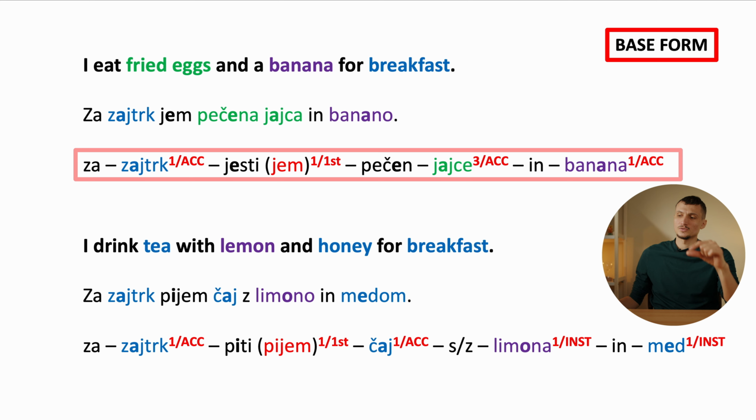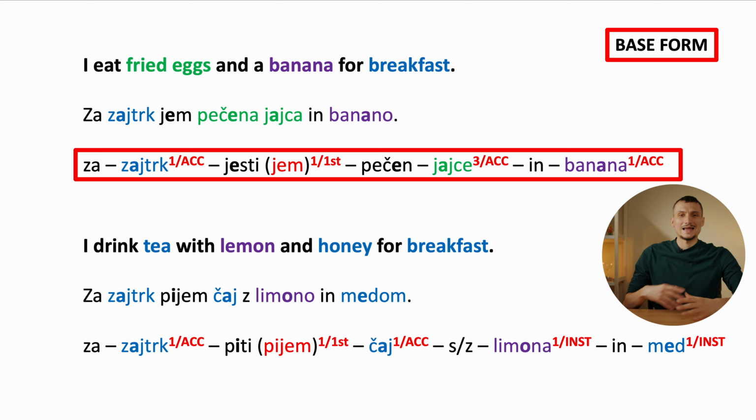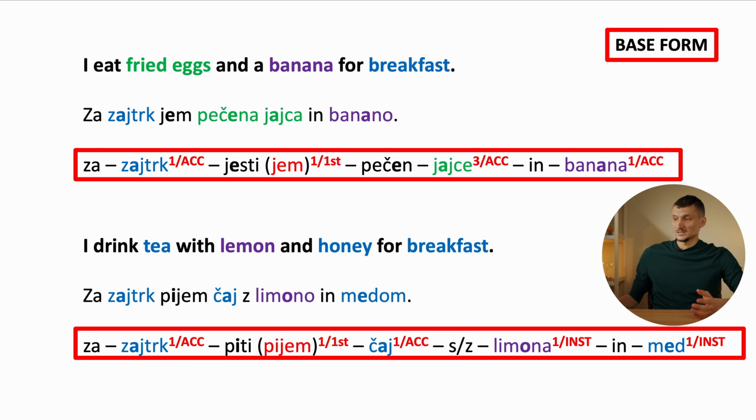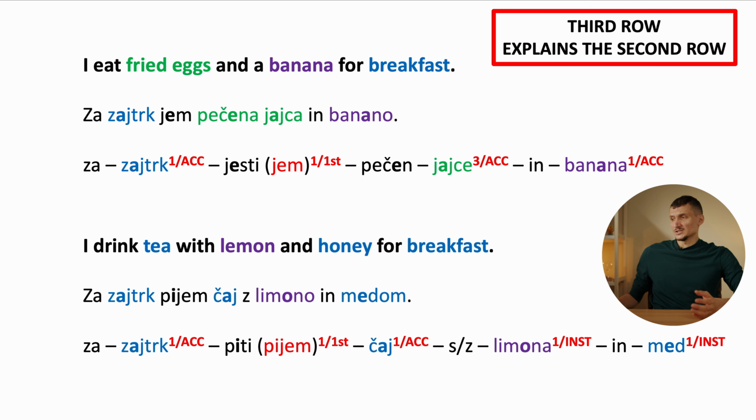And then we said that the third row is always the base form, of course, for those words that can come in many different versions. And so this is our base form. The third row explains the second row. So we said last time that jajce is the actual word. What is written in the top right corner is not describing jajce as it is, but jajce as it is in the Slovenian sentence.